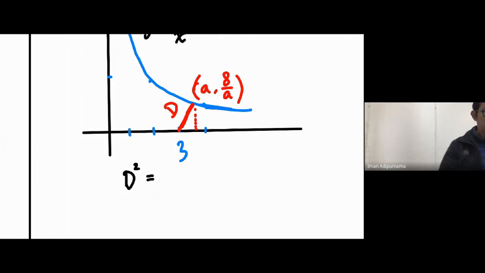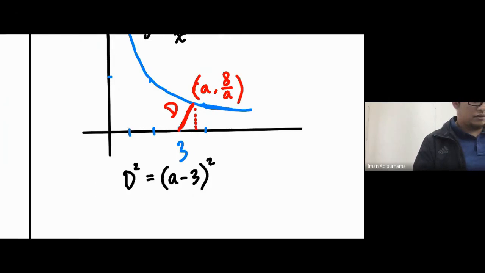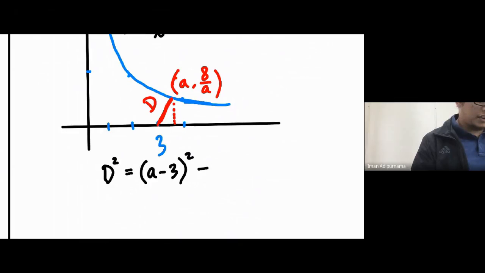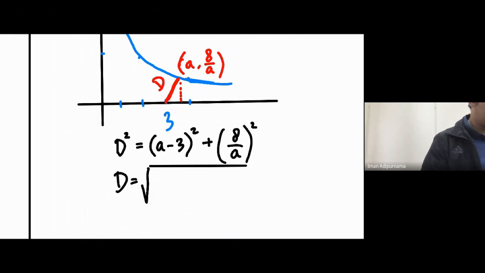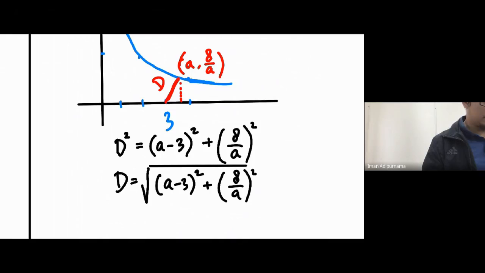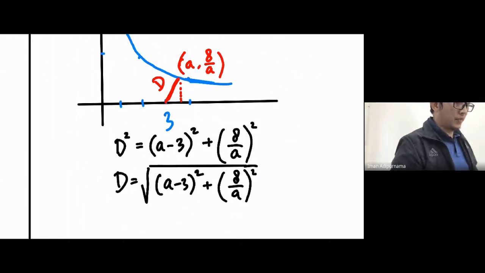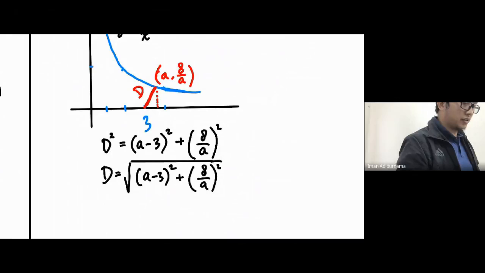So (a minus 3) squared plus (8 over a) squared. So our d will be the square root of that. Okay, and this will be our optimization, right?